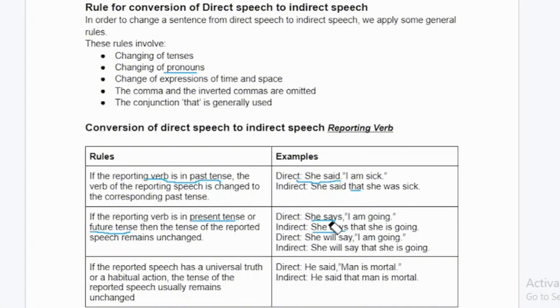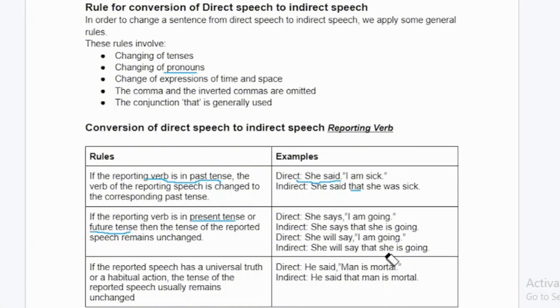Now we will see the second, the will sentence. In this sentence, the direct sentence is "She will say, I am going." In the indirect sentence, the reporting speech will be the same: she will say. We added "that," and we changed the pronoun.